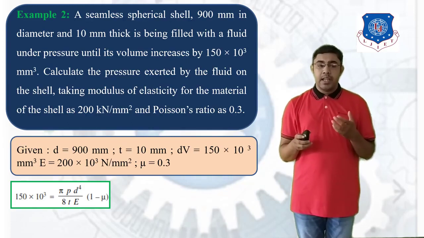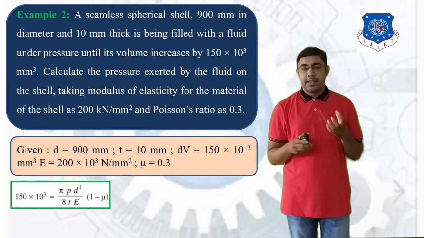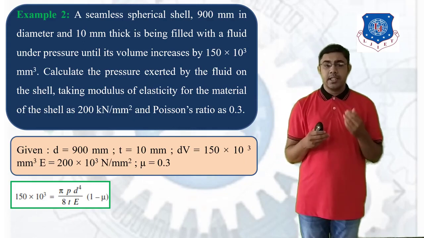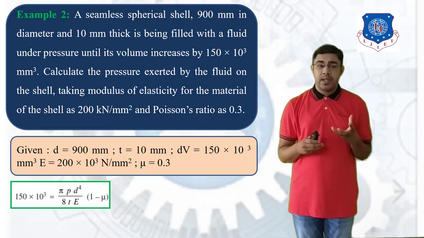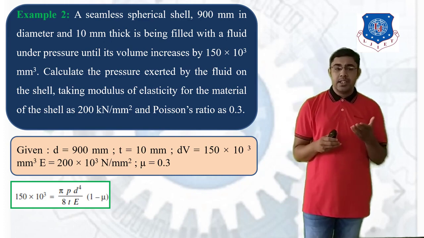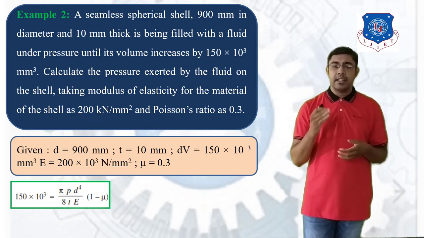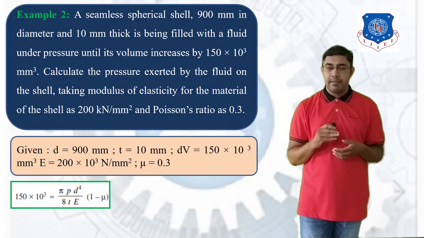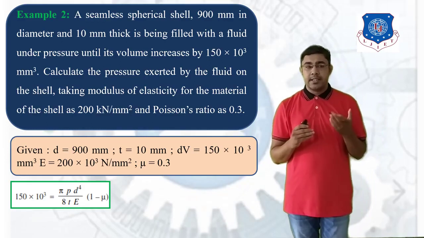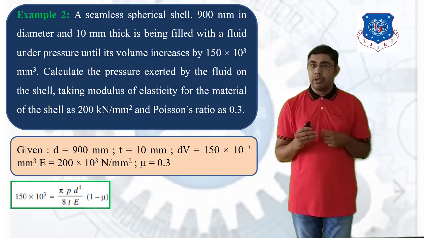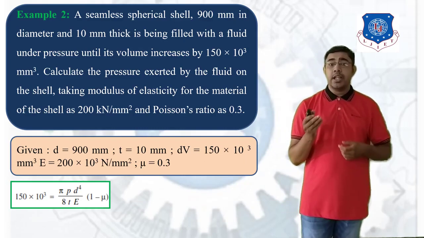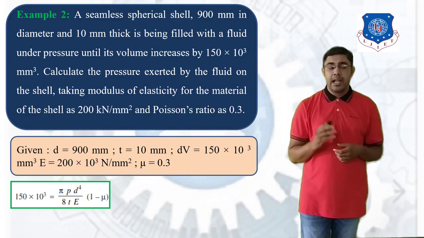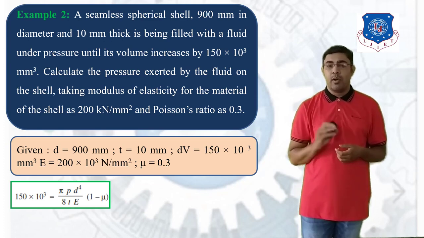Now we have to calculate the pressure exerted by the fluid. In this equation we have to find the value of P. D is given in the problem as 900 mm, t is 10 mm, E is the modulus of elasticity, 200 into 10 raised to 3 Newton per mm square, and nu is 0.3.